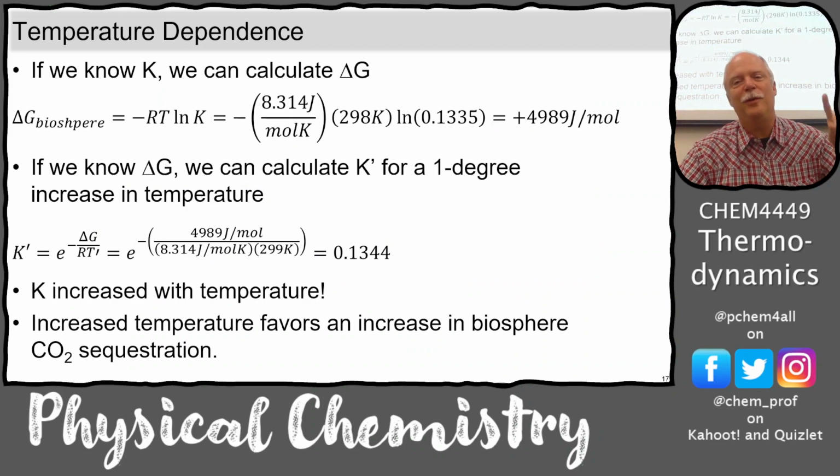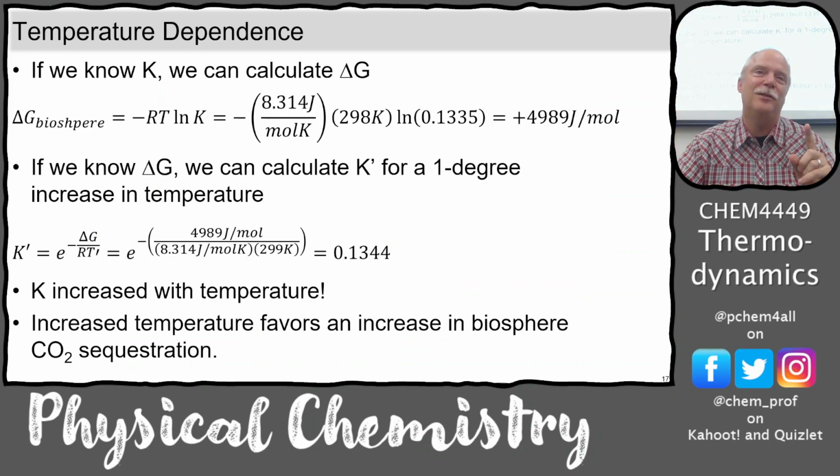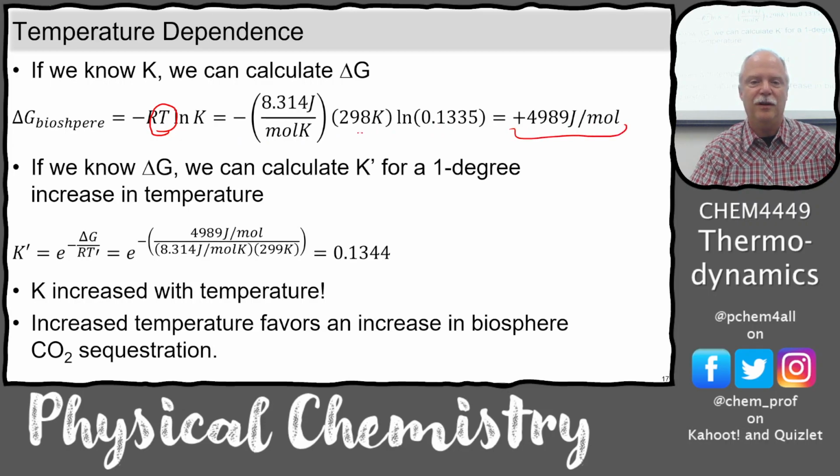Oh, sorry. Before we do that, though, let's see what happens with temperature. If this does increase our global temperature, what will happen to that equilibrium constant? Well, we can calculate that, right? We know there's a temperature effect right here in our Gibbs equation. And so we can calculate that Gibbs energy change for our atmosphere at room temperature.